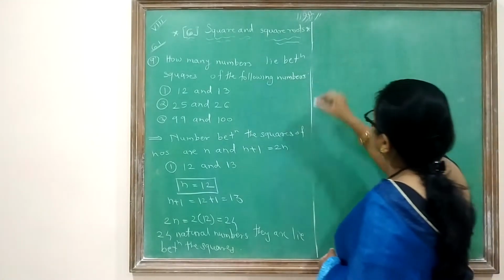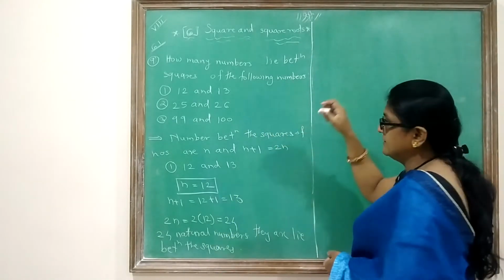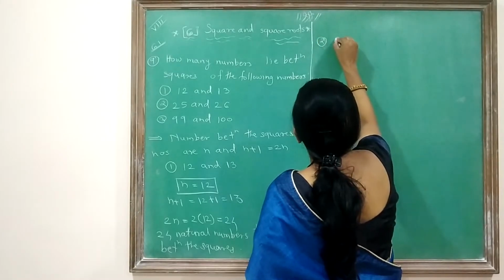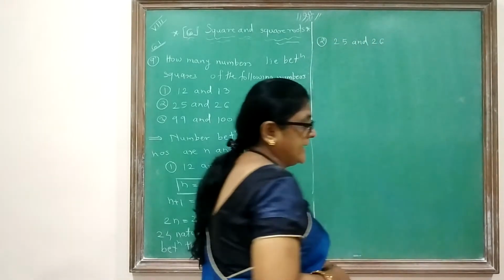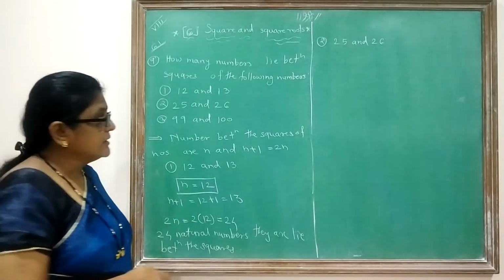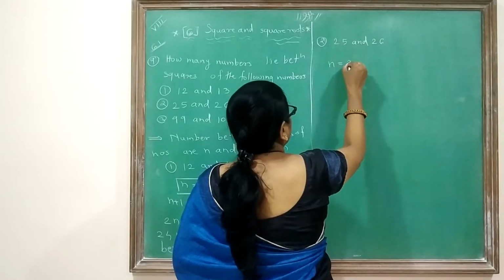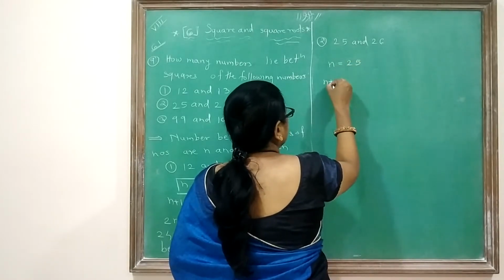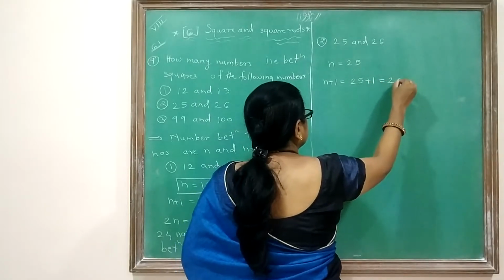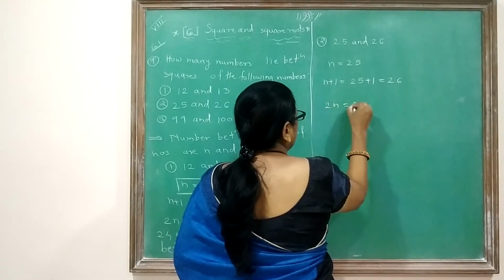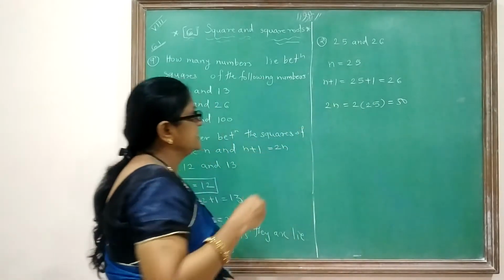Then your next question is 25 and 26. Your n is 25, and n plus 1 is 25 plus 1, that is 26. Then 2n is equal to 2 into 25, so your answer is 50.